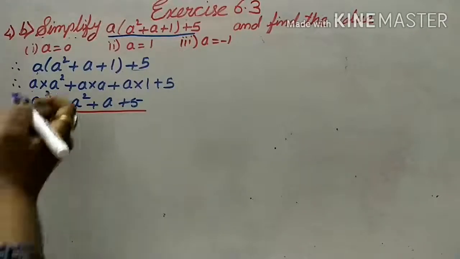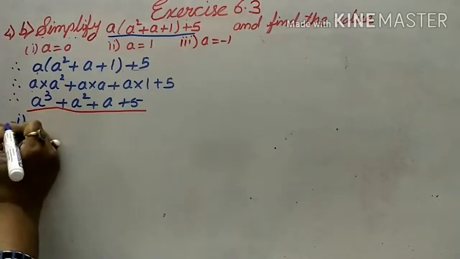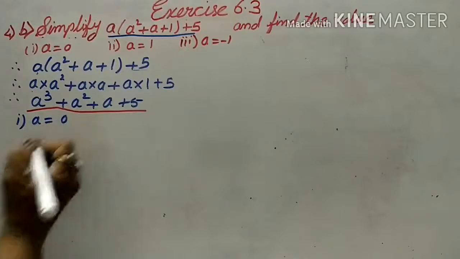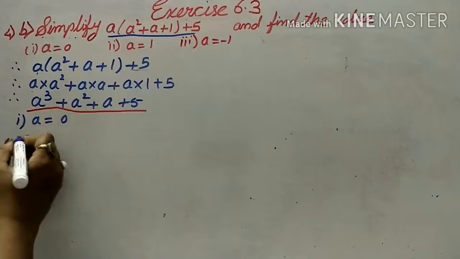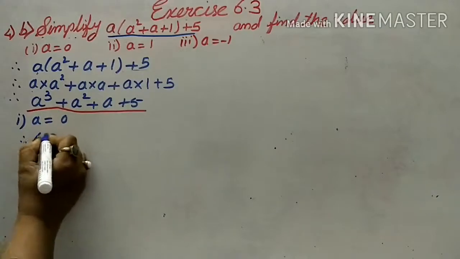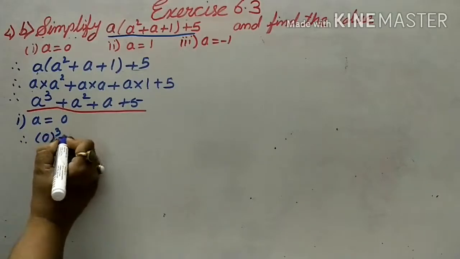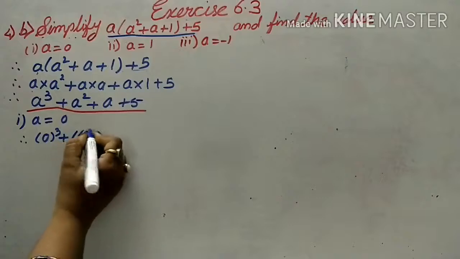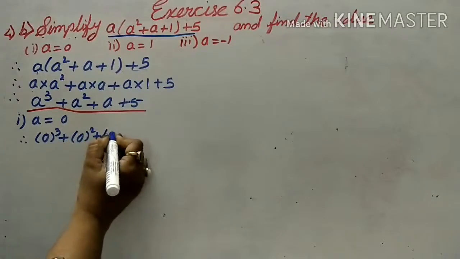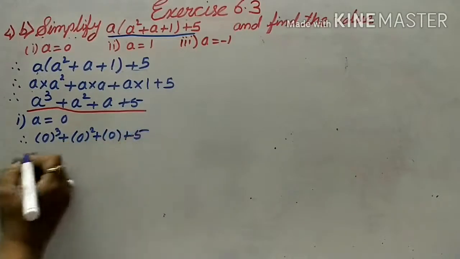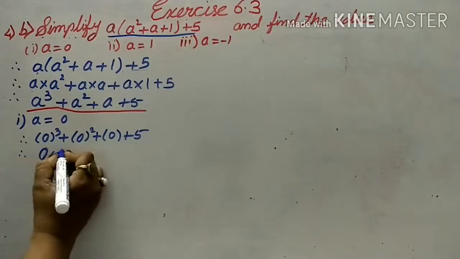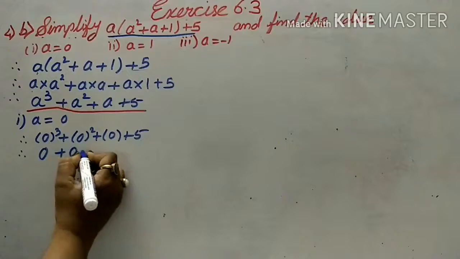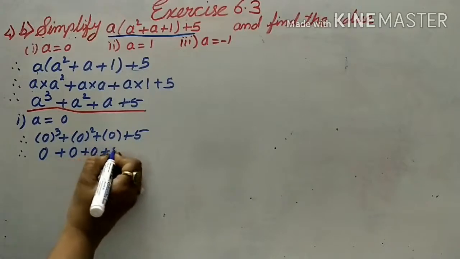First one, a is equal to 0. Now substitute this value of a in this expression. Therefore 0 cube plus 0 square plus 0 plus 5. Therefore 0 cube is always 0, plus 0 square is always 0, plus 0 plus 5.